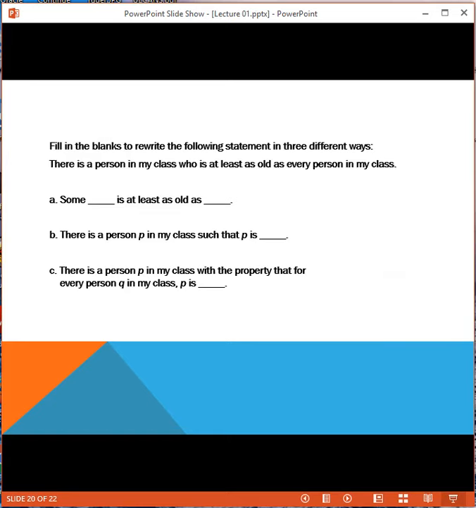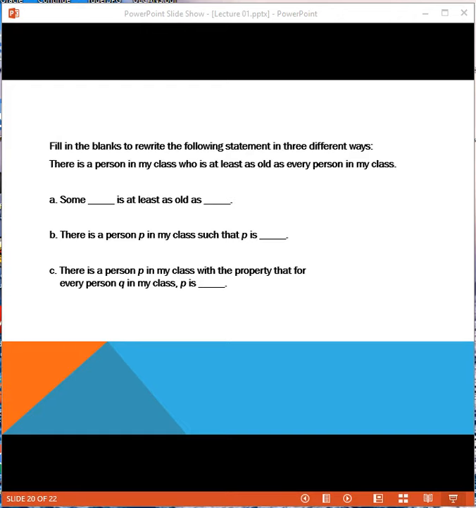So again, let's look at some examples. Looking at the statement, there is a person in my class who is at least as old as every person in my class. Rephrasing it: some person in my class, and again, some, like exists or there is, is an indicator of an existential qualification.